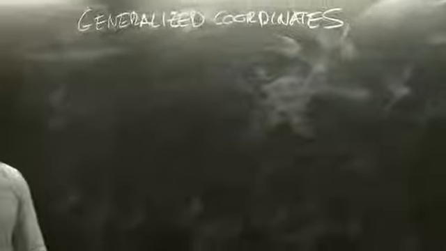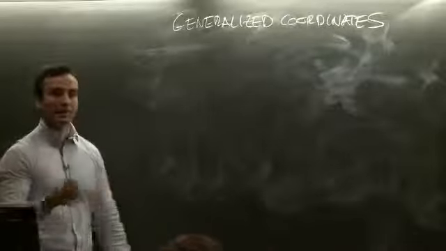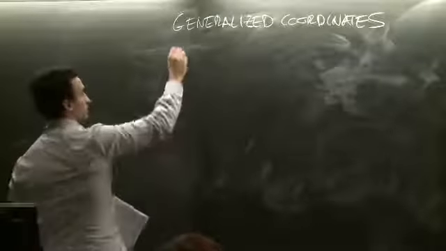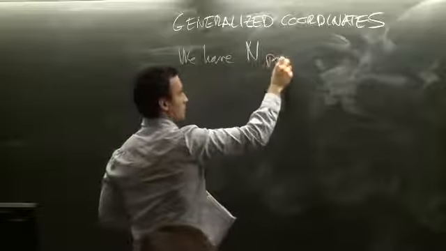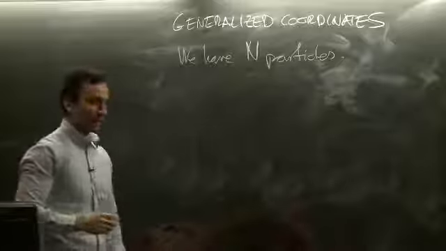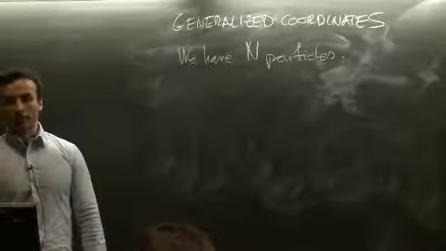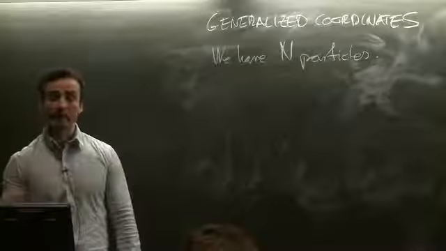So again, we confine our discussion to a system of many particles. Assume we have large n particles. If you allow all of these particles to move in 3 dimensions, we will have 3n number of independent coordinates.